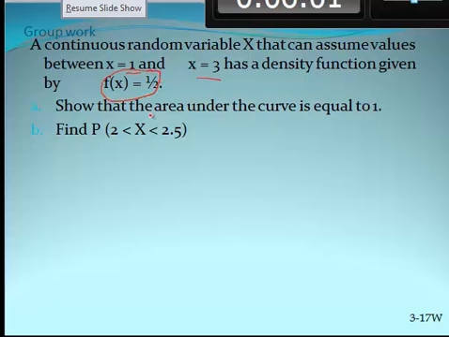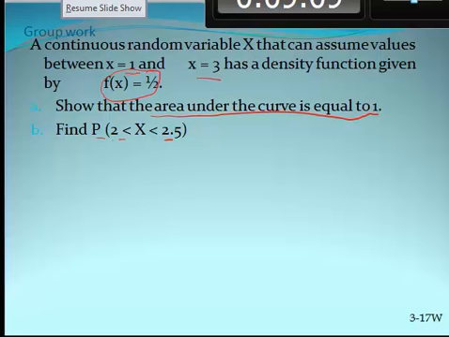Part A: show that the area under the curve is equal to 1. That means integrating this. Part B: find the probability that x is between 2 and 2.5. It probably will be something less than 1.